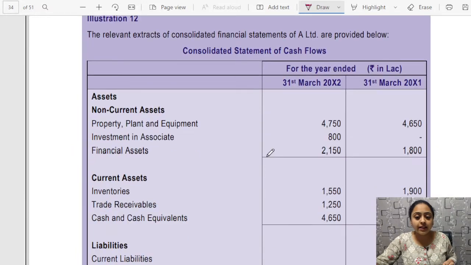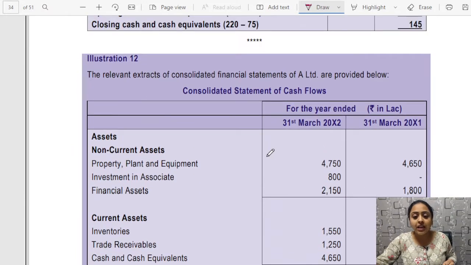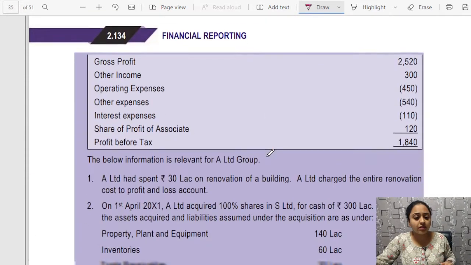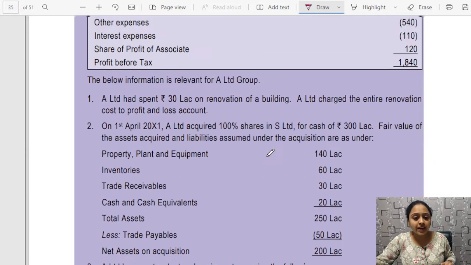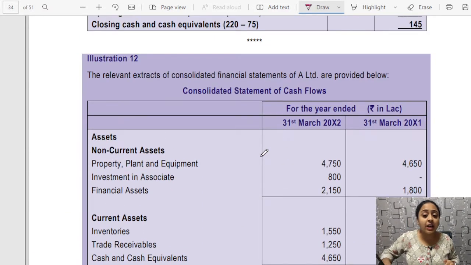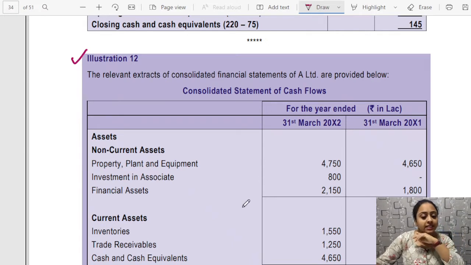Okay, let's head towards illustration 12. Try this illustration number 12 on your own. This is quite similar. I can tell you the main thing that is different in this is that they are acquiring a portion. So you have non-current assets and current assets of A Limited.